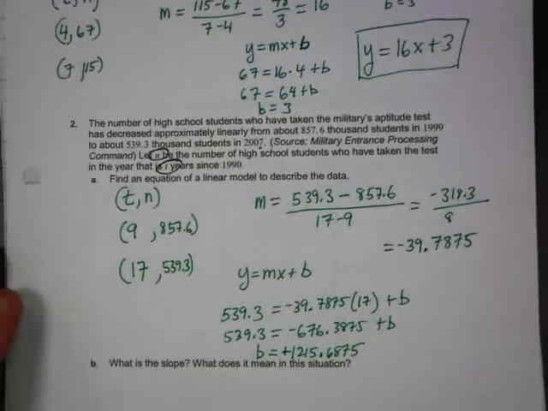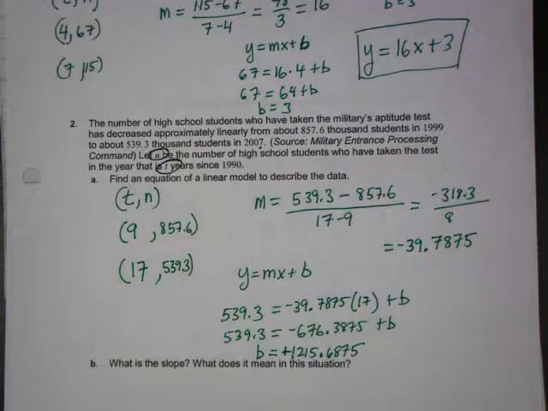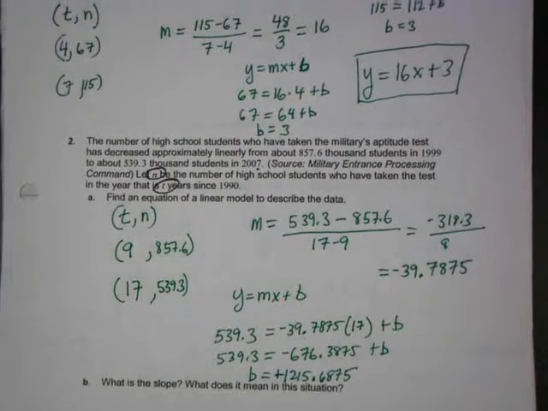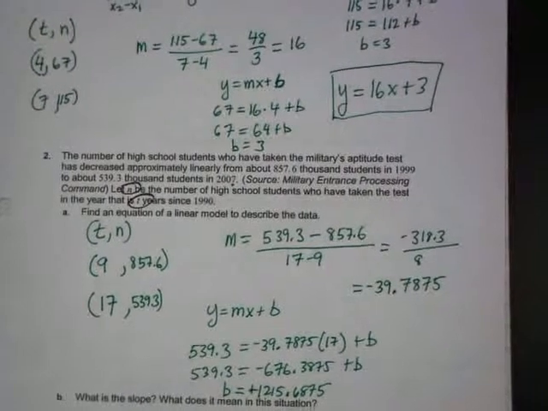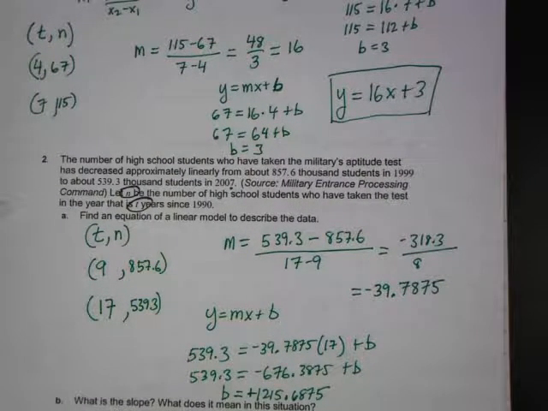Okay, so I made the same mistake twice. I did the same mistake on problem 1 that I did on problem 2. What mistake did I make on problem 1? Use the wrong letters.